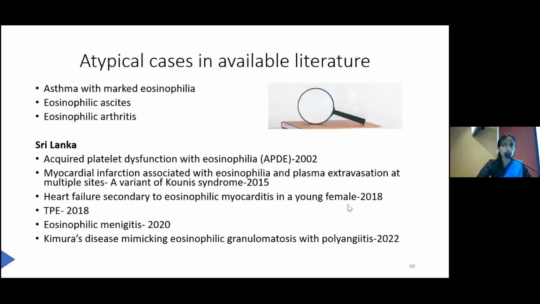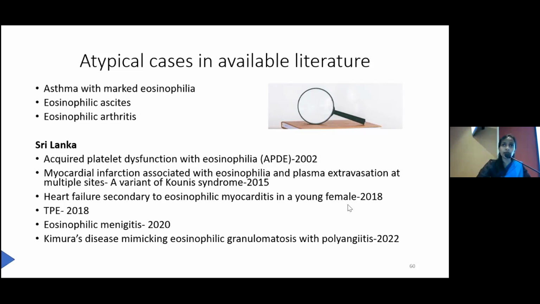So I have discussed a lot of causes of eosinophilia, primary causes, secondary causes, and idiopathic. Apart from that, there were some atypical cases available in literature. As I have already mentioned, a patient with asthma with marked eosinophilia, patients with eosinophilic ascites, eosinophilic arthritis.